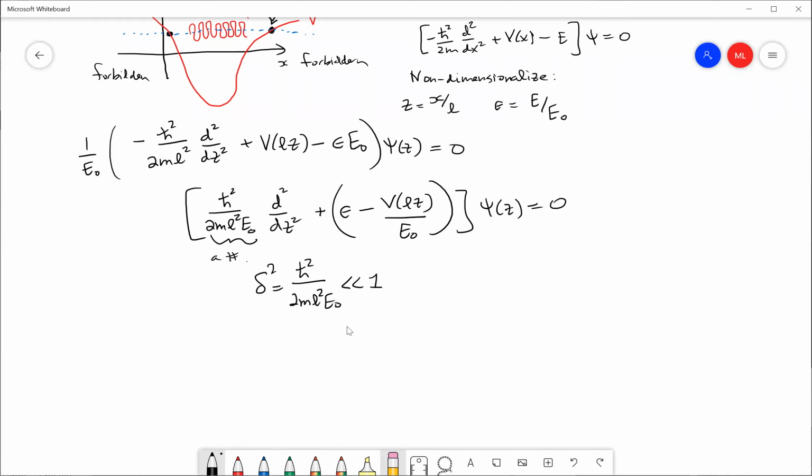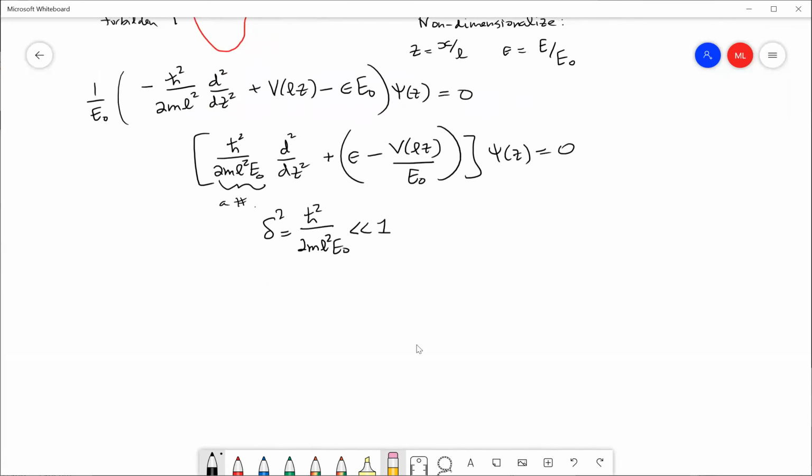And so what we can do now is rewrite this equation as follows. We can divide through by delta squared, and the equation is the second derivative of psi with respect to z is equal to minus q squared over delta squared psi.